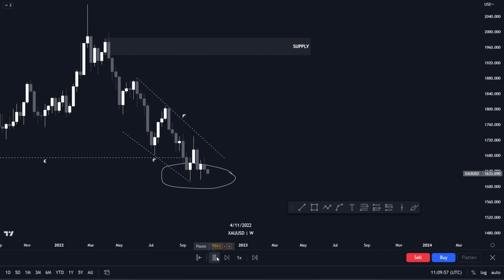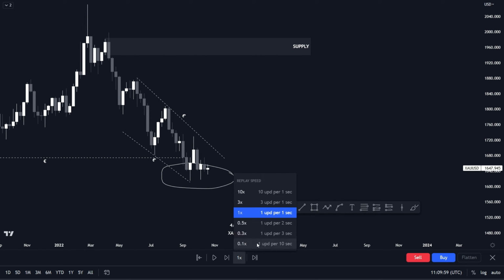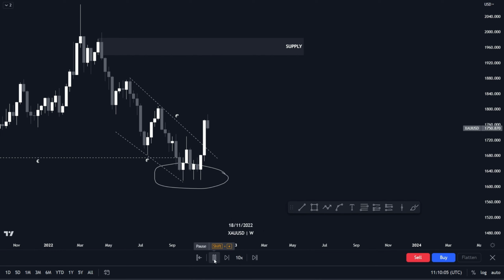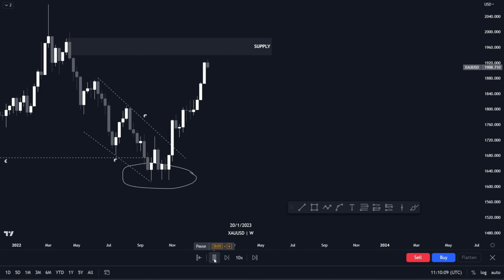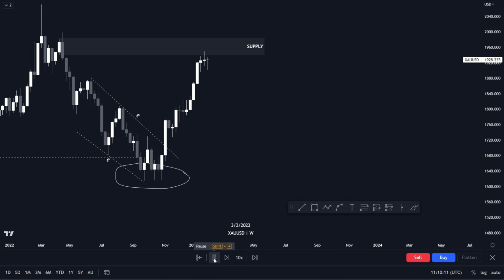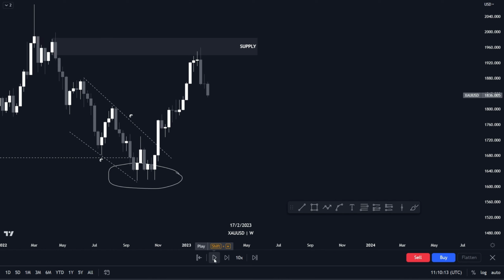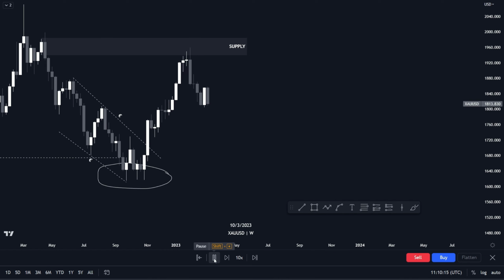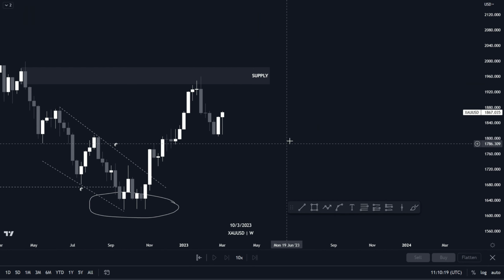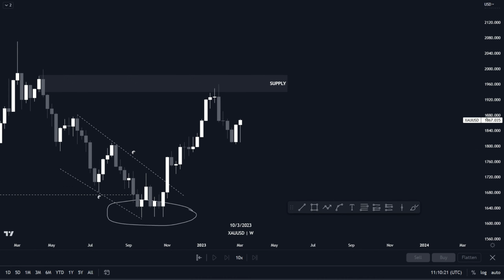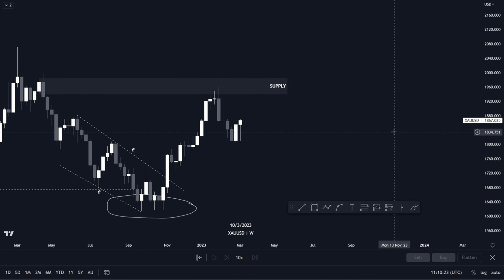Price pushed to the upside, sweeping that trendline liquidity, tapping into our supply area and pushing to the downside. Okay, so now let's move to the 4-hour time frame.